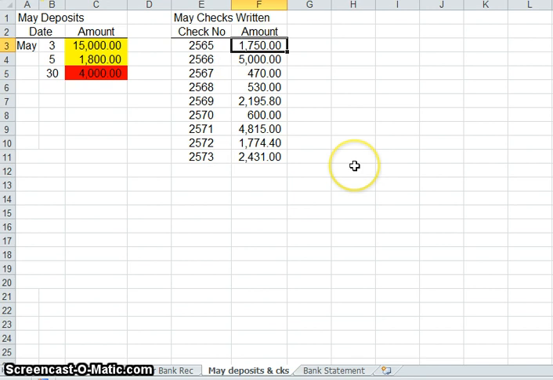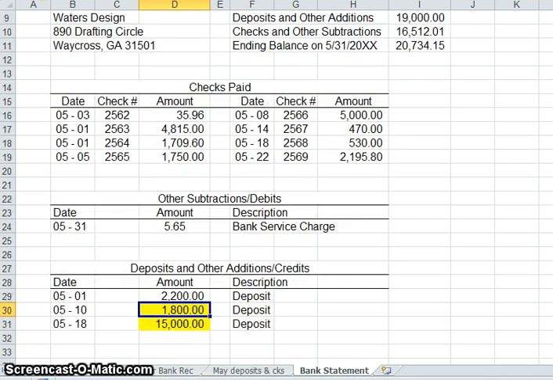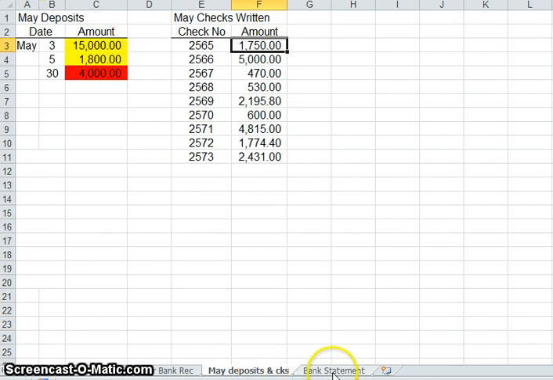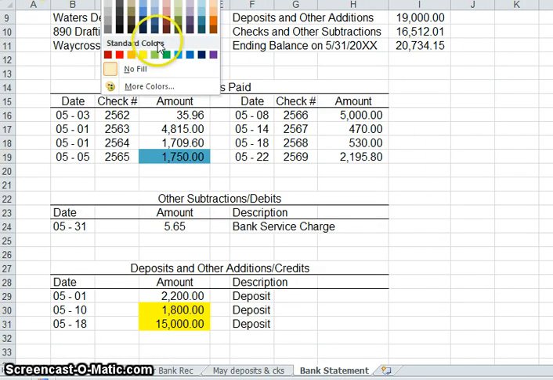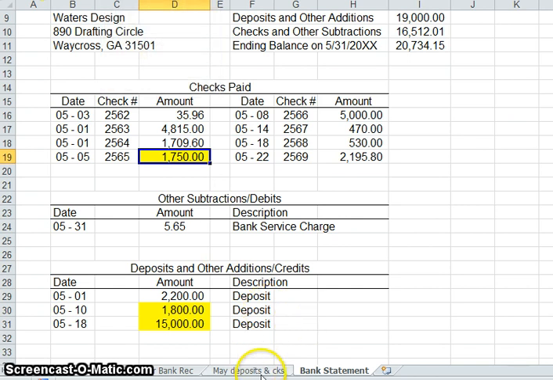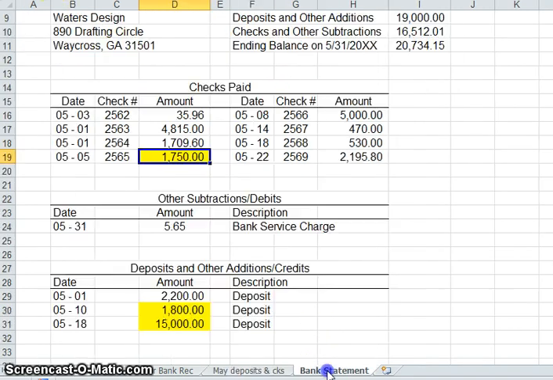All right, let's look at the checks. This is everything we have listed. 2565. Sometimes banks list these in check number order or the order in which they cleared, but most of the time you'll see them in check number order. So 2565. Oh, there it is. 1750. Yes. All right, let's check that off. 2566 for $5,000. Oh, there it is.